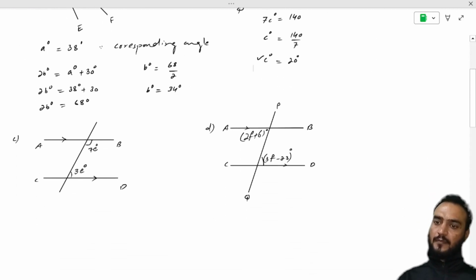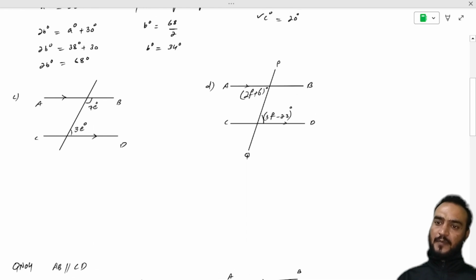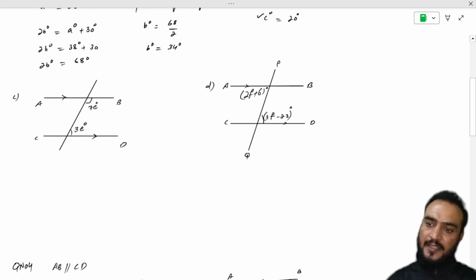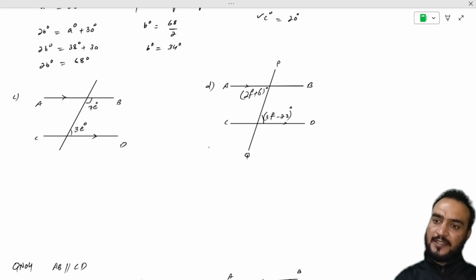In part C, we can see there is only one unknown, that is e degree. So 7e degree and 3e degree both are interior angles. I have told you that the sum of interior angles is always equal to 180 degrees.